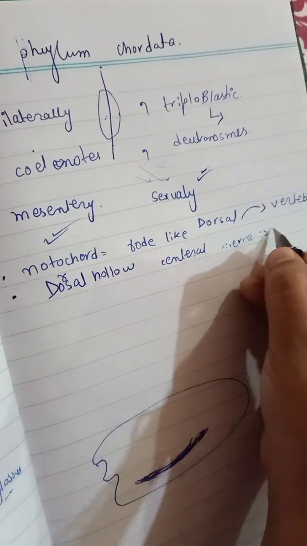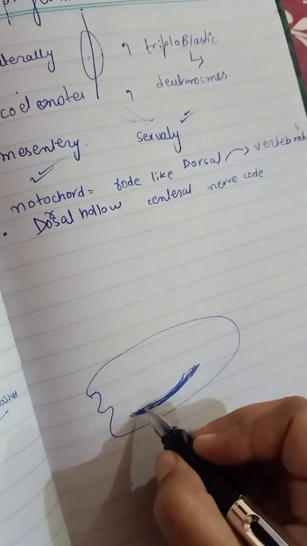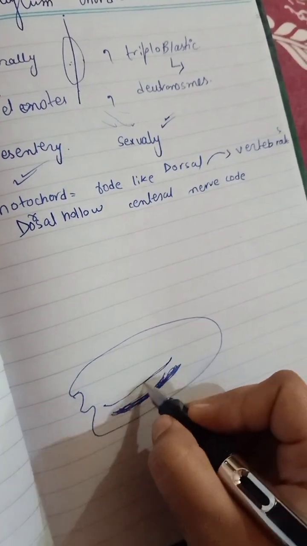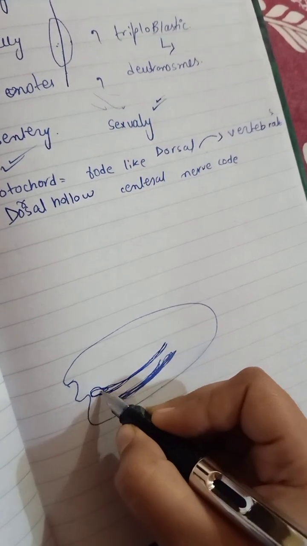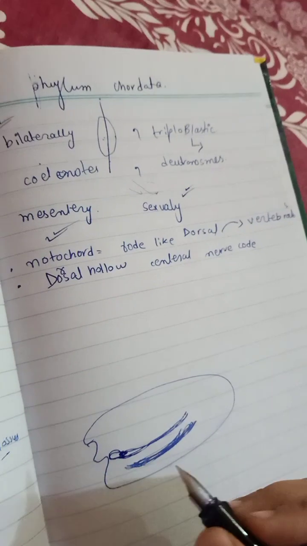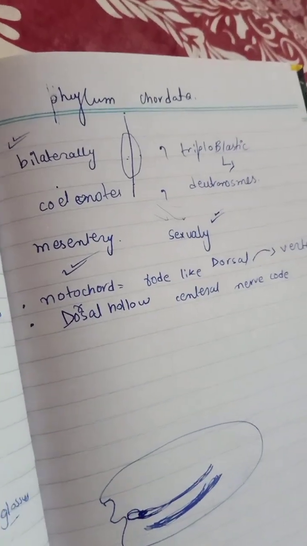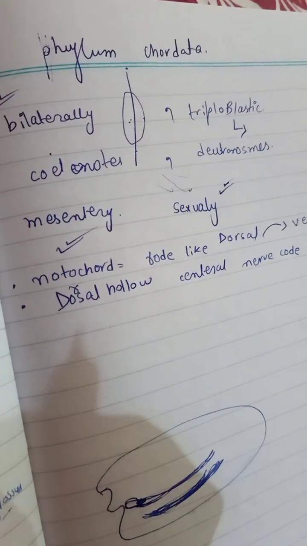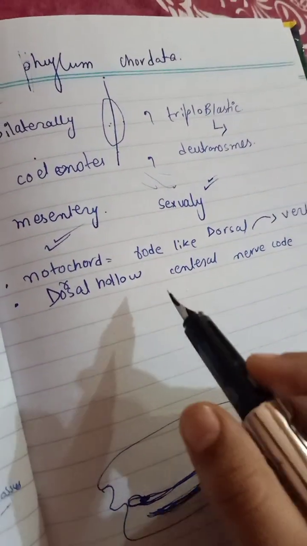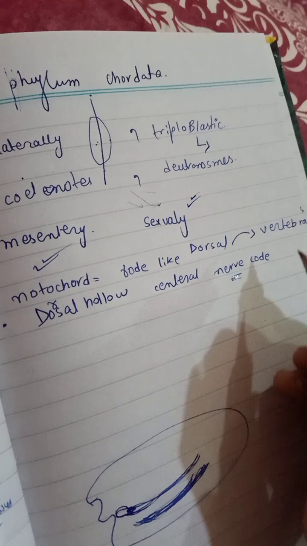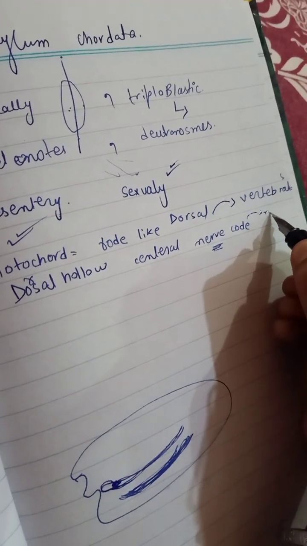On the dorsal side they have a hollow structure. This is the nervous system, but in the embryonic state there is a nerve cord that changes into the nervous system.